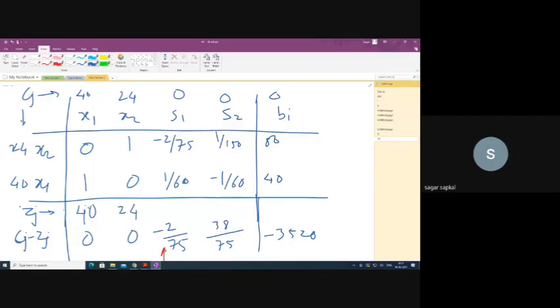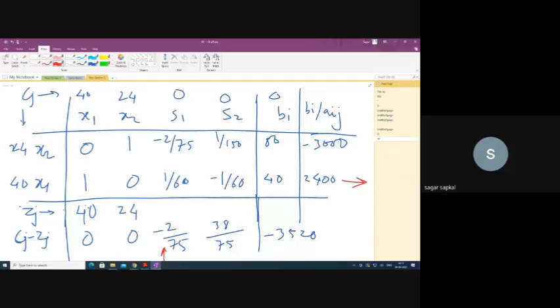Now find out BI upon A as usual. So here BI upon A will be minus 3000. If at all a negative value is there, you can put a dash or you can write the negative value. No problem. Then choose the minimum non-negative value for deciding the outgoing variable.